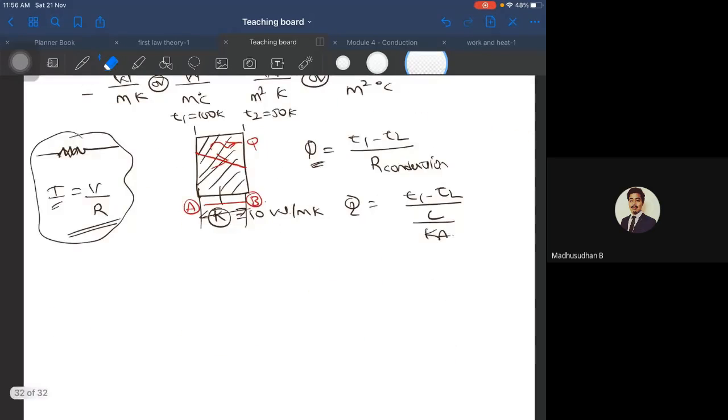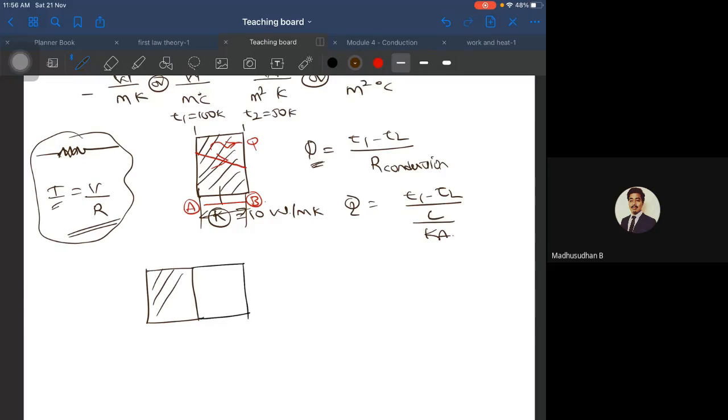Suppose now, for the same slab, I add one more material like this. This is of a different material. This has a length of L1, and this has a length of L2.